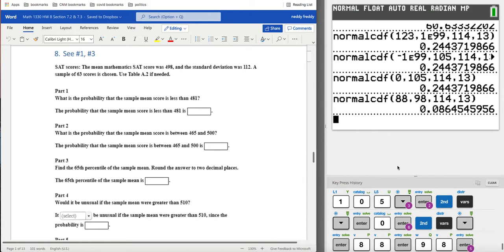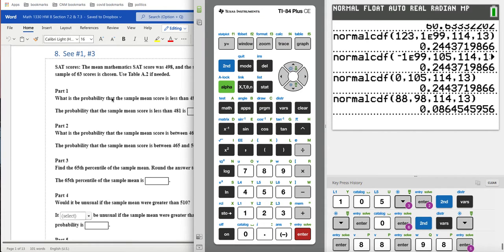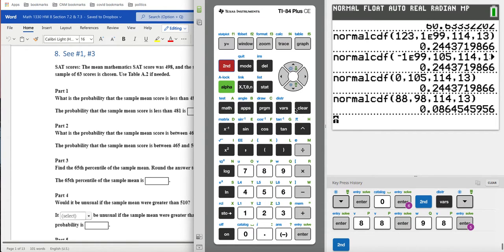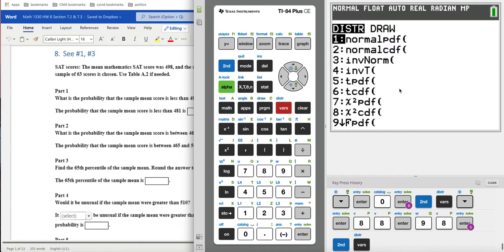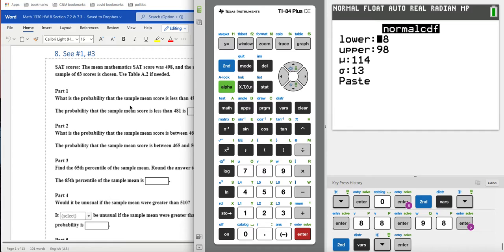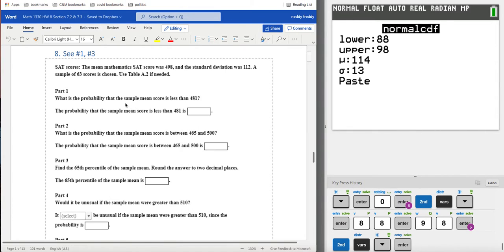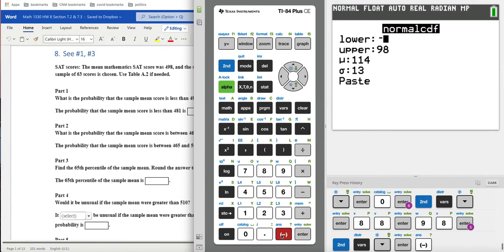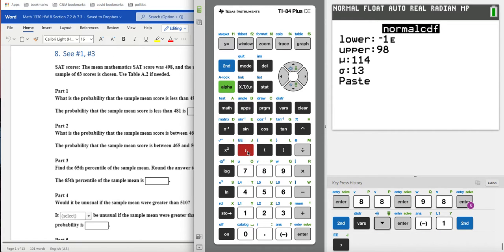So here we've got, okay, what's the probability? Means we're going to be using normal CDF. And less than 481 means our lower bound is negative 1E99, and upper bound is 481.